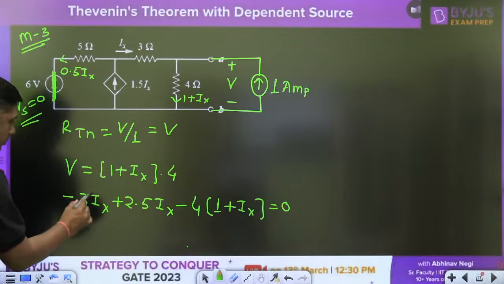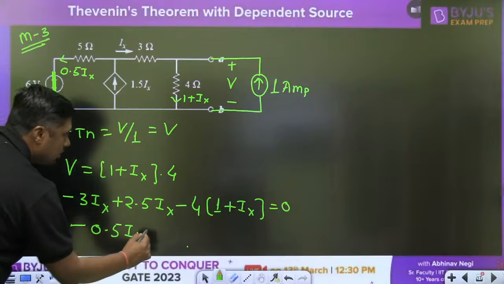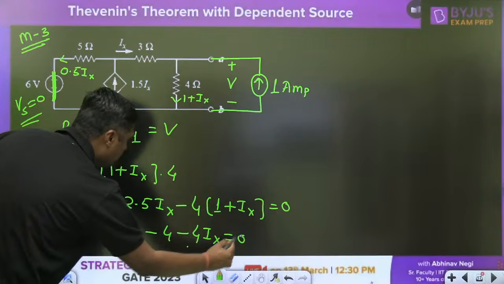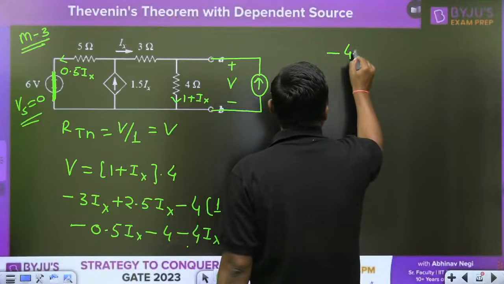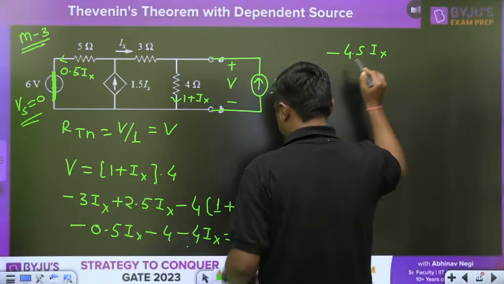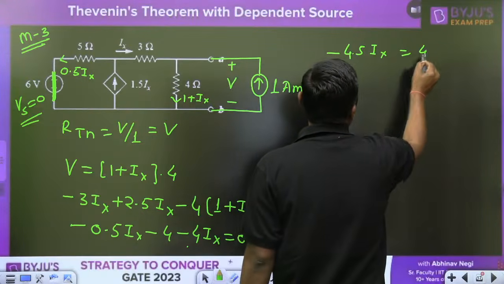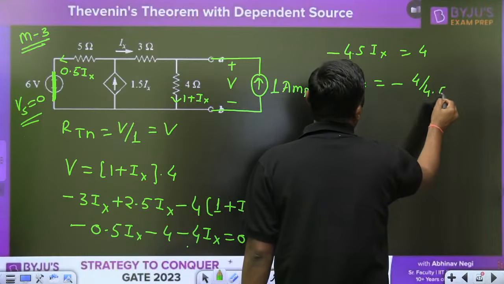Then this will become minus 0.5 Ix minus 4 minus 4Ix is equal to 0. This will become minus 4.5 Ix is equal to 4. What is the Ix equal to? Minus 4 divided by 4.5.